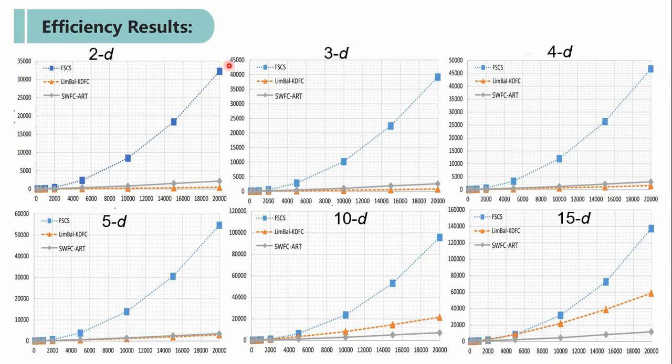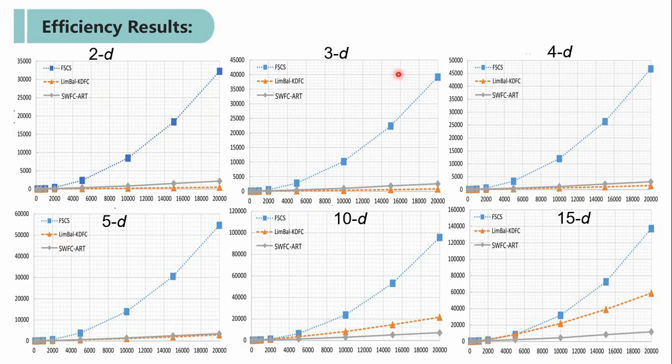We can see that FSCS-ART has quadratic time cost, and it becomes worse and worse when more test cases are to be generated. However, Limbal KDFC performs best, and our proposed method performs similar to Limbal KDFC with a little worse results.